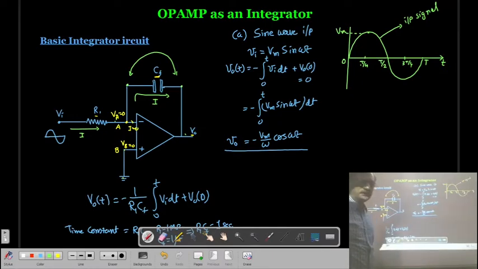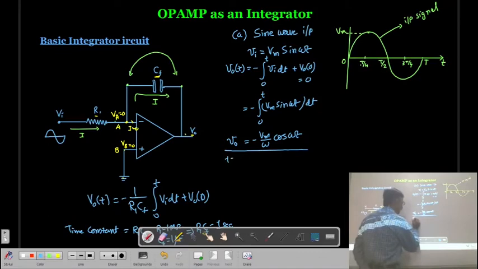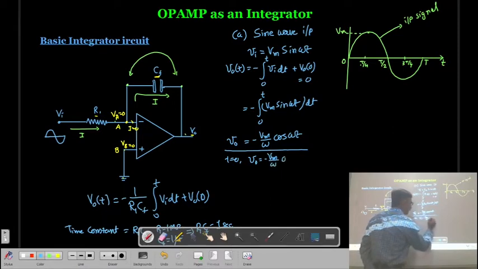Now calculate this output voltage at different times. Correct? So at t is equal to 0, what will be the output voltage? It is minus Vm by omega cos 0.